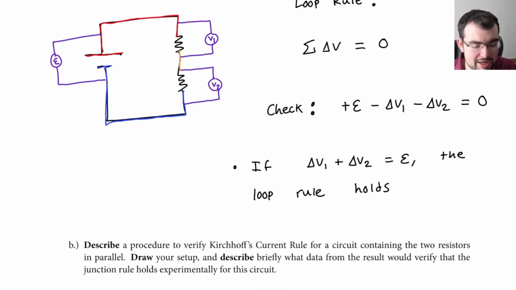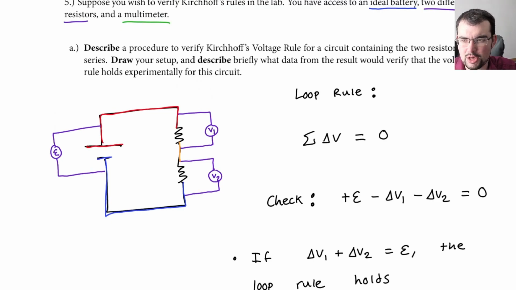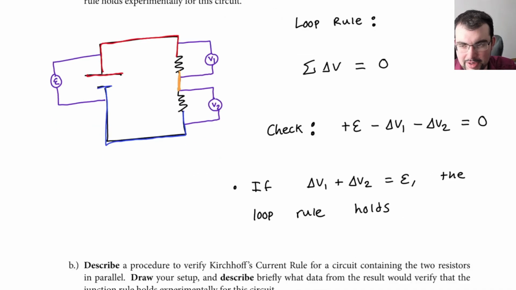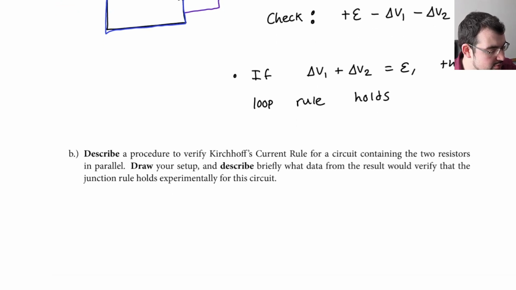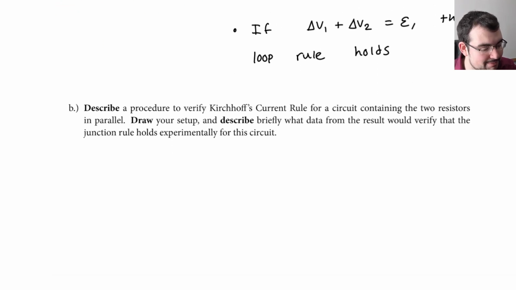No net change on loop. And if it doesn't, it's almost certainly going to be off by undercounting the drops, because there's going to be some internal resistance in this battery that we haven't accounted for. So the missing voltage drop will be your internal drop.